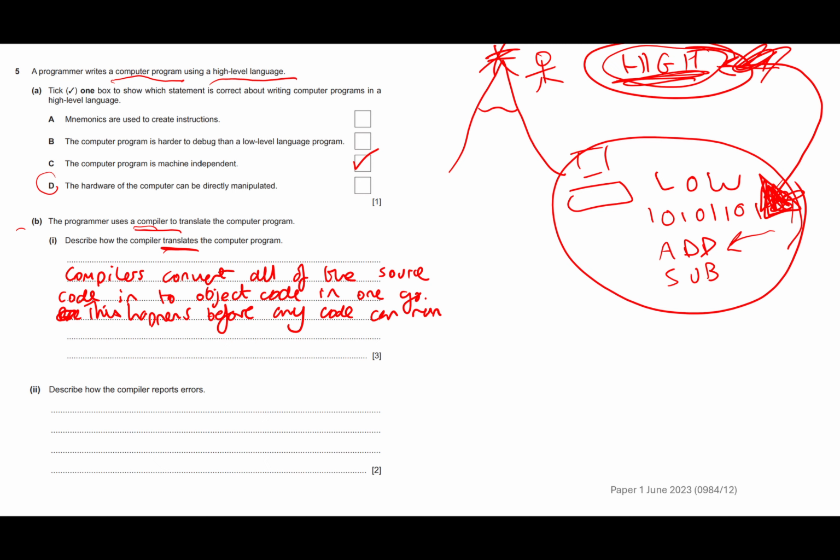And we end up with a file that we can take to any computer and run. But the condition is that the compiled file that we have, which we call an executable, is designed to run on a particular operating system. So you need different compilers to compile source code for different platforms, if you like. So for Apple, Android, Linux, etc. So let's just put something along those lines here.